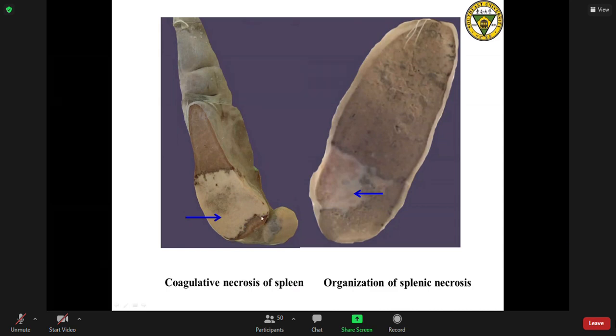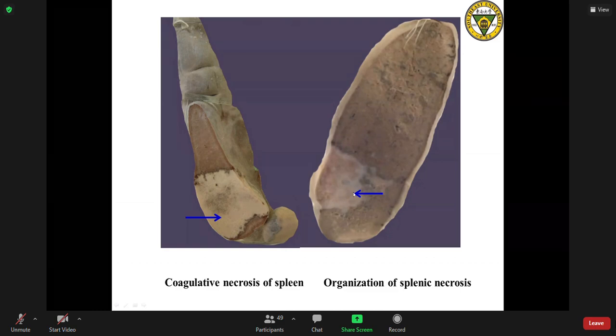Here is also the border. It's very clear. But the right figure is also a spleen. We can see the difference between them. It's also a necrosis area, but here is pale or white fiber.